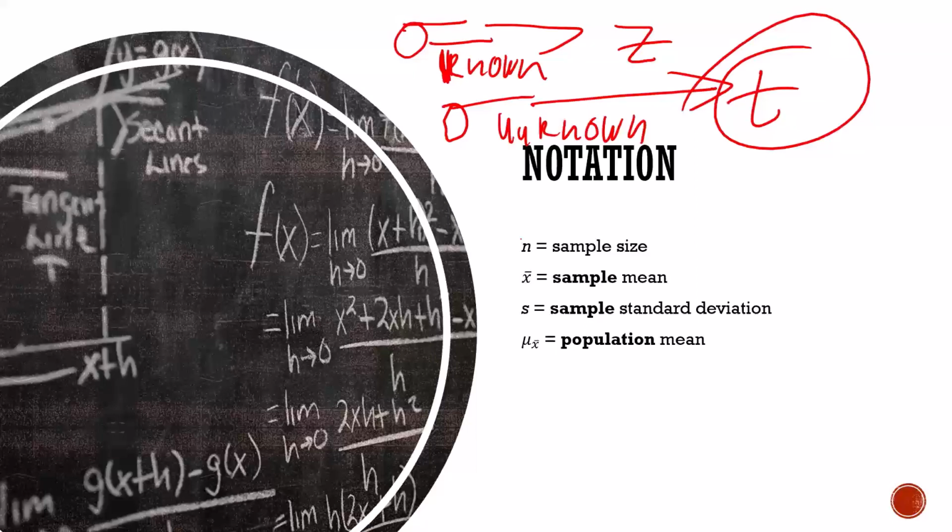Which of these distributions has wider tails, T or Z? T, absolutely, because wider tails means more variation. The T distribution has to have more variation because it has to consider the fact that S is a biased estimator. It's less biased the larger our sample size is.